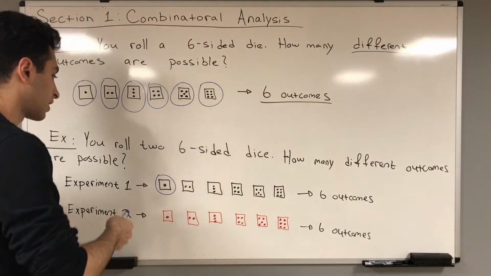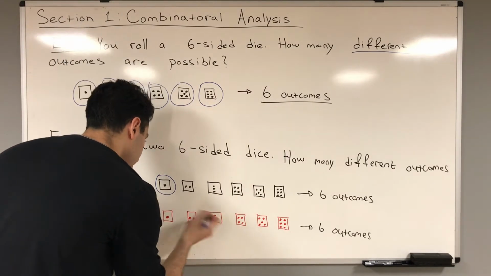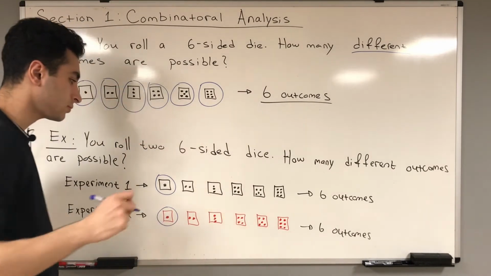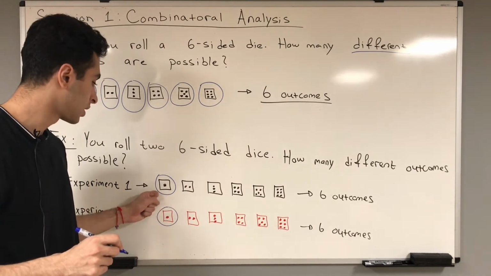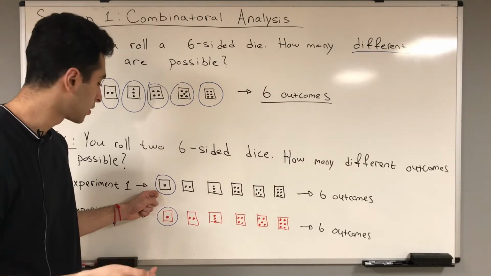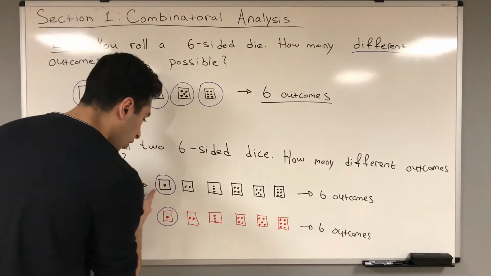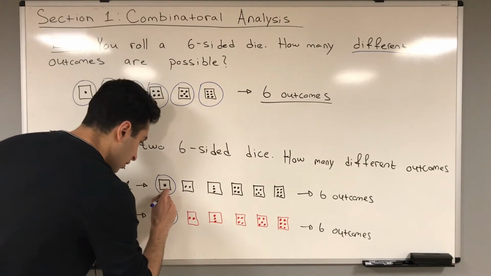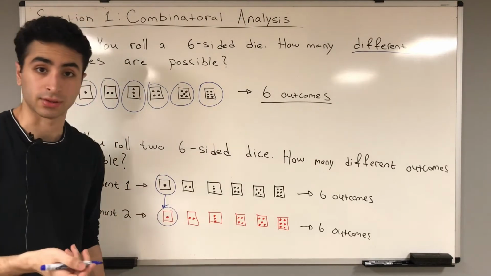On my second die, I get, let's say, a 1 as well. So when I rolled a 1 on my first die, it links to the 1 on the second die because that's what happened.